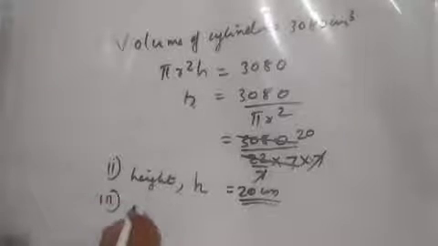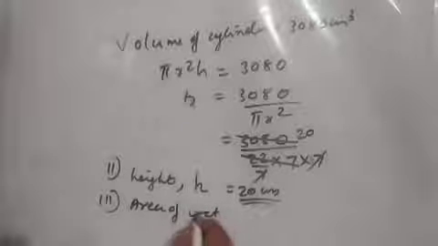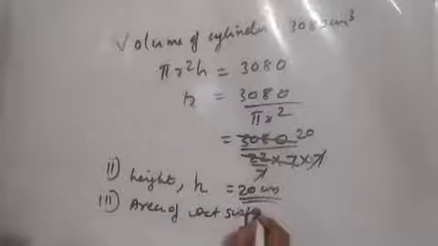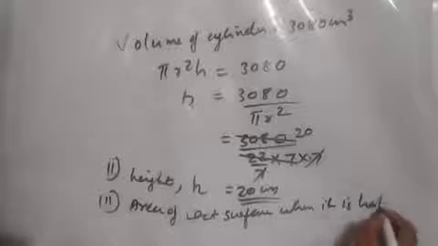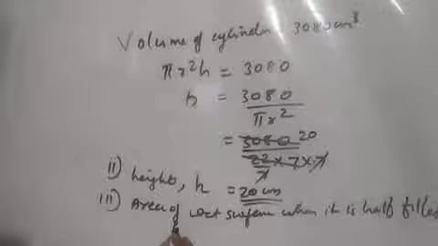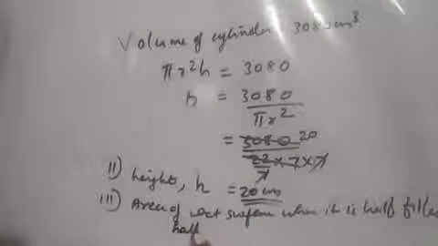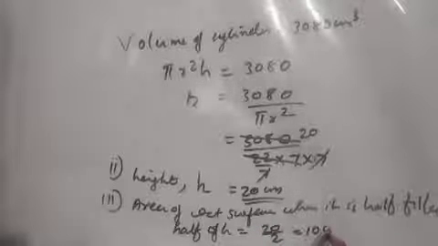Now let us solve the third problem. The wet surface area of the vessel. Wet surface area means clearly the base of the cylinder is wet. Also the curved surface area up to a particular height. It's half filled. Half filled means we have to take the height as half of the total height. That is 20 by 2.